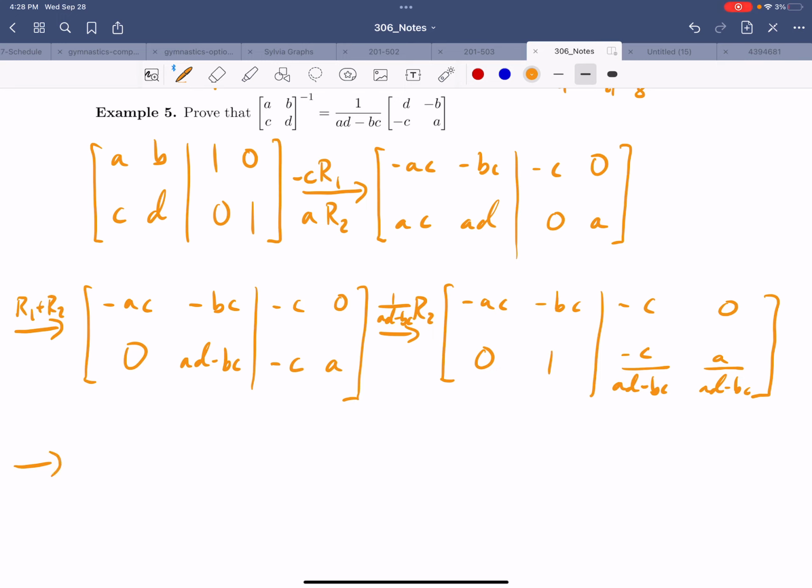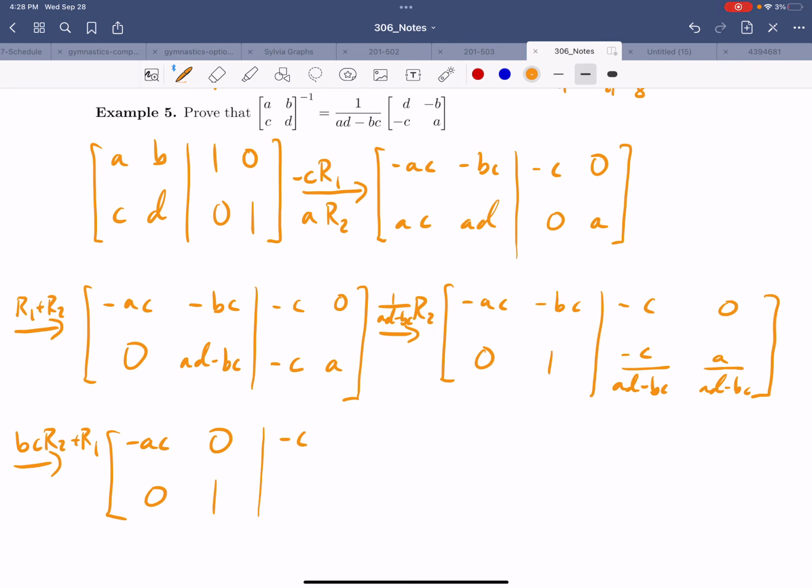And now, I think we can see what we're going to do here: BC R2 plus R1. So we're going to get, I guess that's still negative AC. This is going to become a 0, 0, 1. So the left matrix is looking pretty good. The right matrix, ugh.